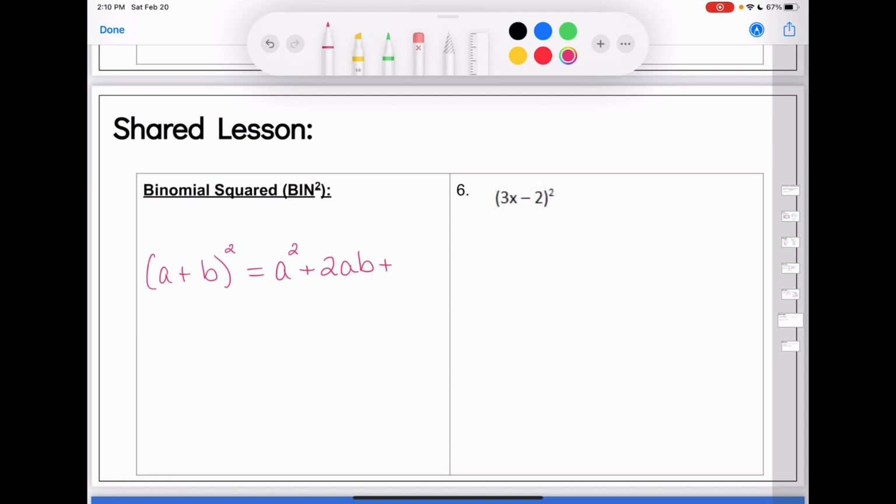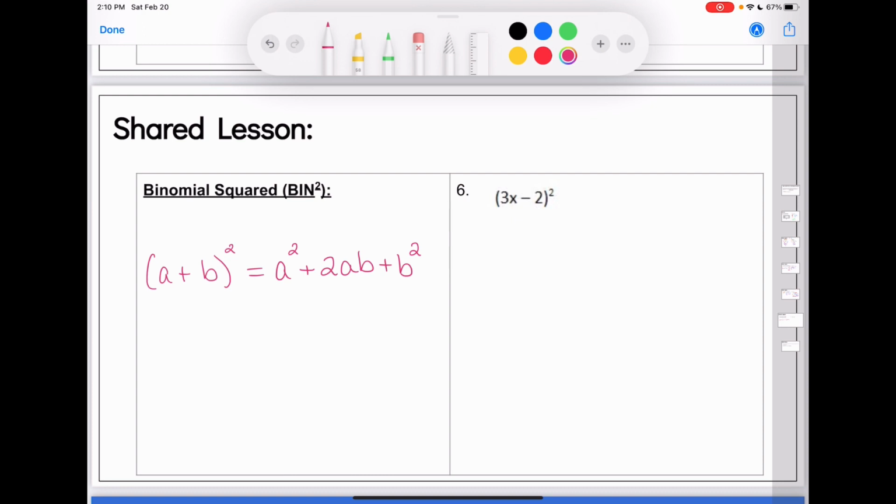And then my third term would be b squared. All right, so there's my binomial squared shortcut. (a + b) squared would mean a squared plus 2ab, meaning multiply the two terms together and double it, plus b squared.